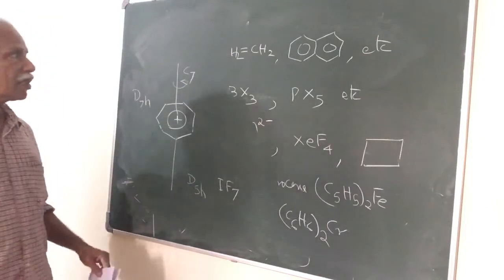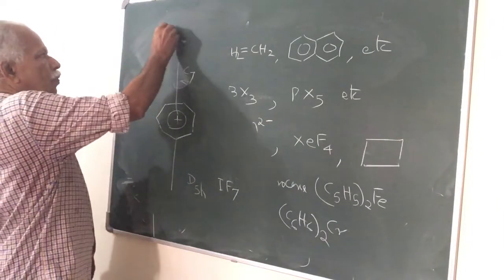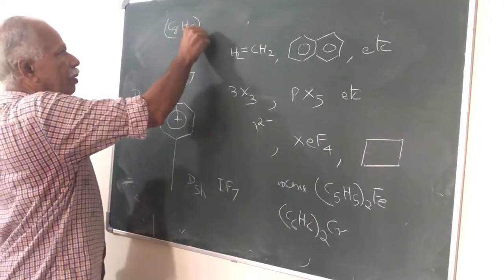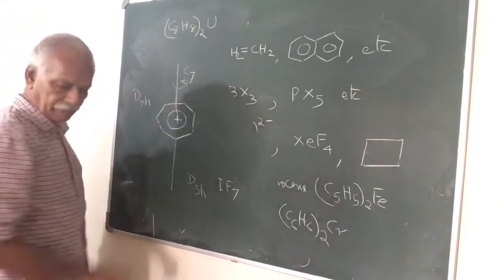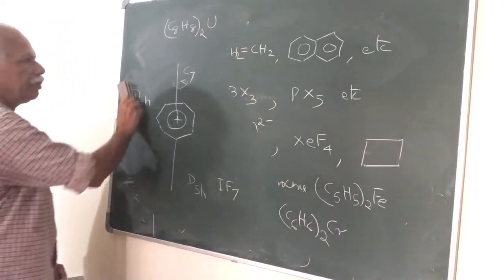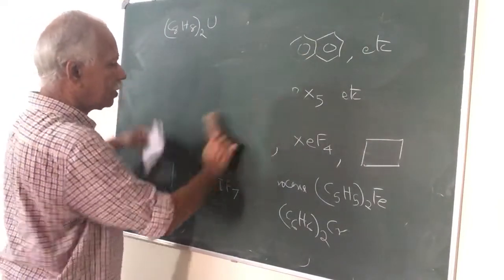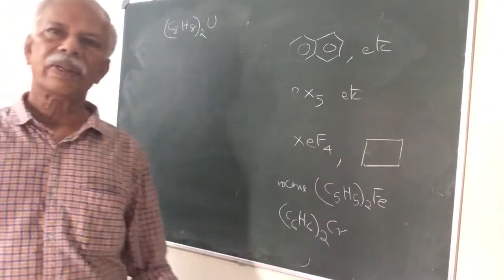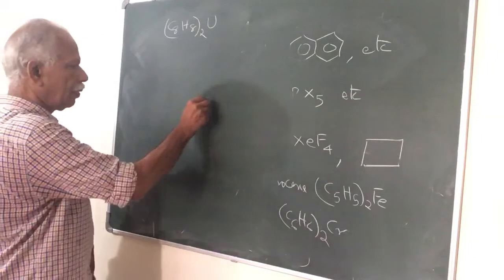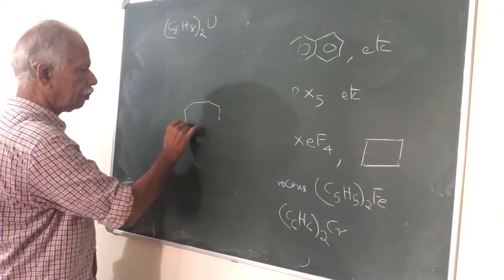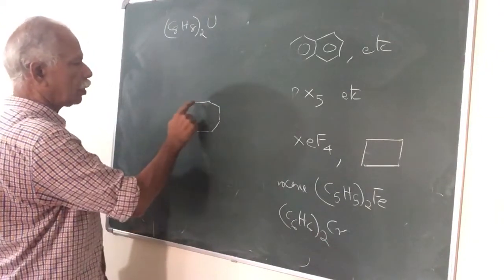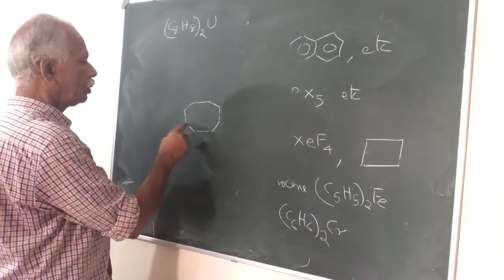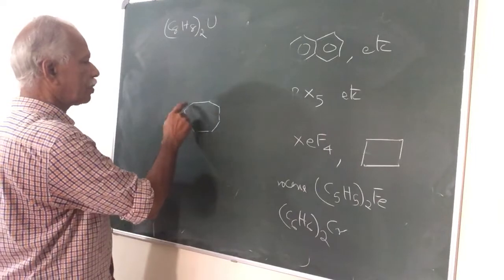Then D8h, eclipsed form of uranocene. We had mentioned this compound earlier, just to introduce a C8 axis of symmetry. 1, 2, 3, 4, 5, 6, 7, 8.